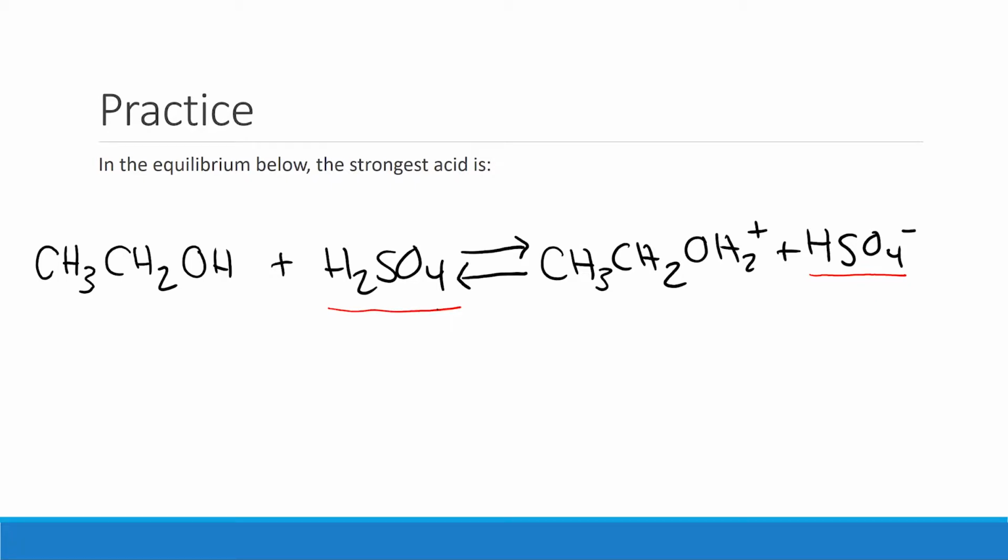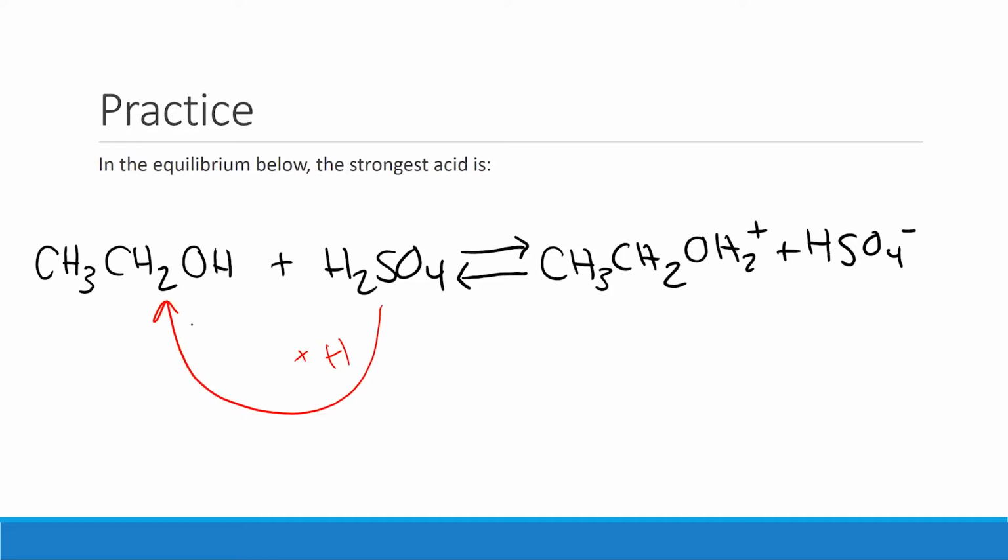So H2SO4 has lost a proton on the product side, and the CH3CH2OH has gained a proton. So that means that in this instance, a proton moved from here to here.